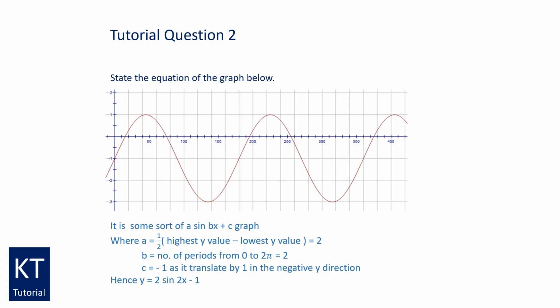This comes to 2. b is the number of periods for theta moving from 0 to 2 pi, and in this case, it is 2. Finally, c is minus 1, as the graph translates by 1 in the negative y direction. Hence, the required equation is y equals 2 sine 2x minus 1.